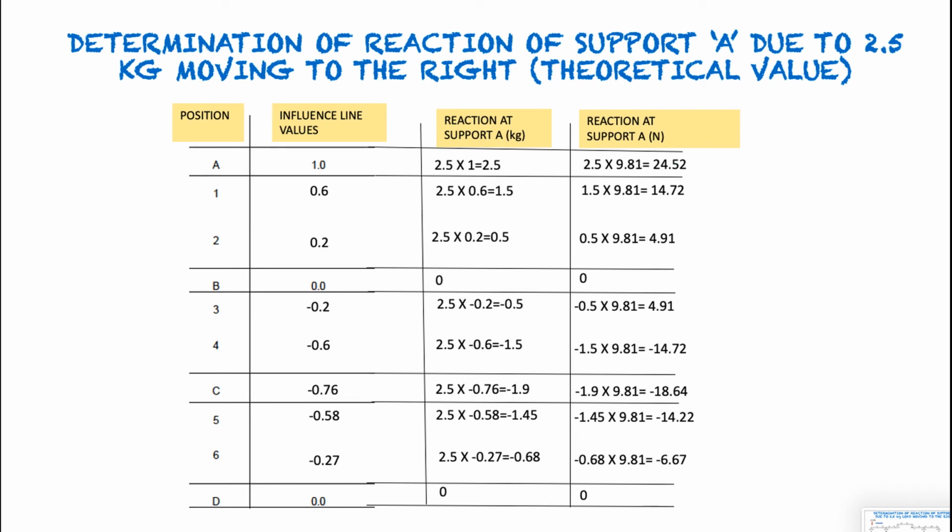We have a position, we have an influence line ordinate, and then we find the reaction for each position of load, the RA in kilograms, and then we can change it to Newtons by multiplying with 9.81.